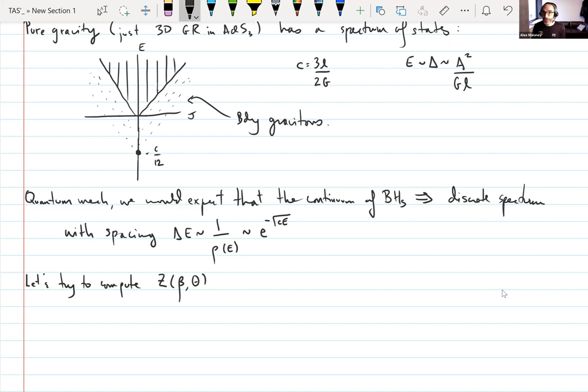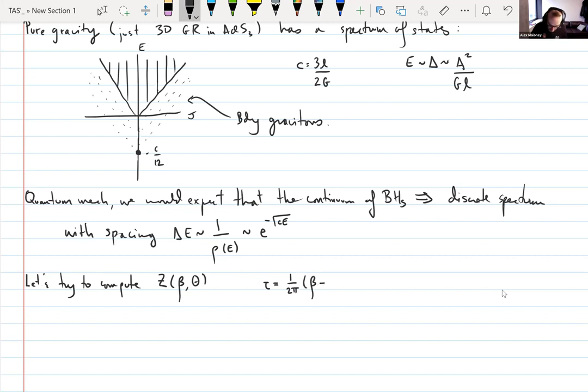And if you want the spectrum as a function of energy and angular momentum, you should compute the partition function as a function of inverse temperature, along with a chemical potential that we're going to couple to the angular momentum. So I remind you that this is basically what we did in the first lecture in our study of conformal field theory.